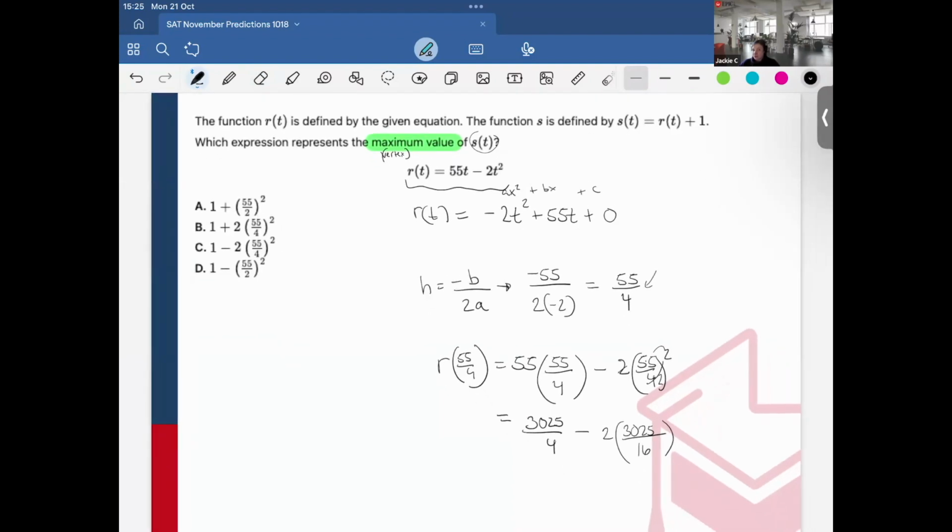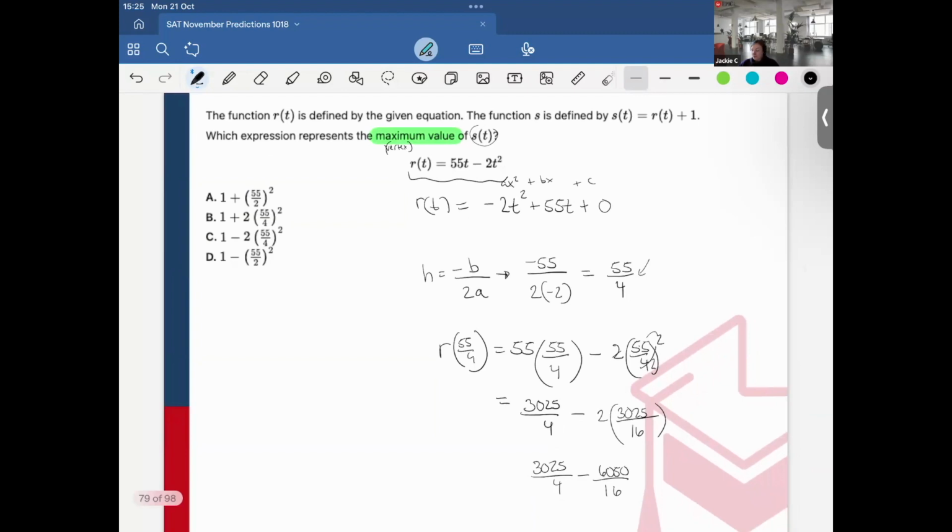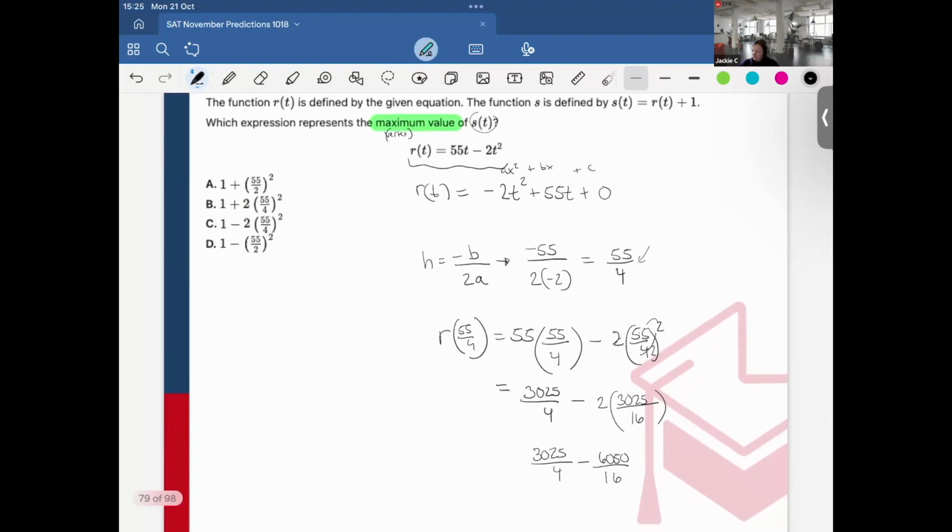So 3025 over 4 minus 6050 over 16. Then we can also reduce that further.